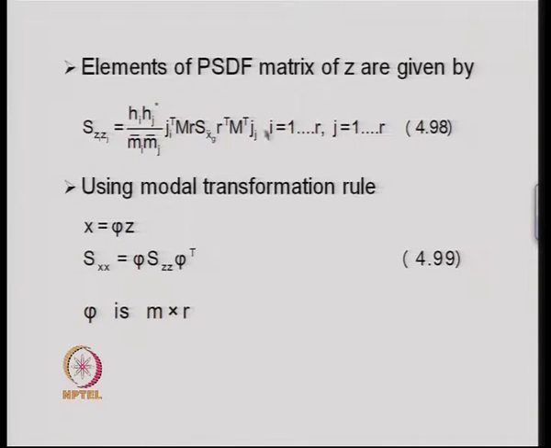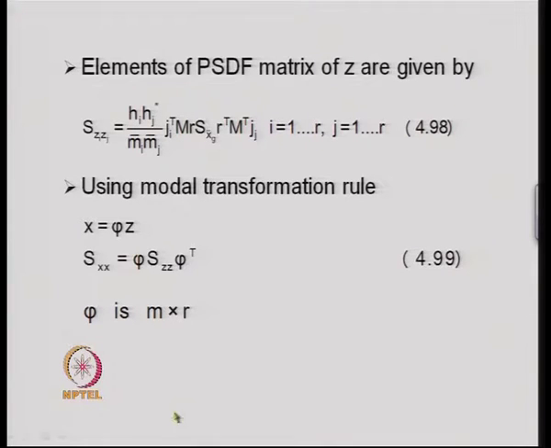So, using this expression one can write down the cross power spectral density function between any two modal coordinates, and then with the help of this we can make the matrix S_ZZ, and the diagonal terms of course will be S_ZiZi, with i varying from 1 to r.